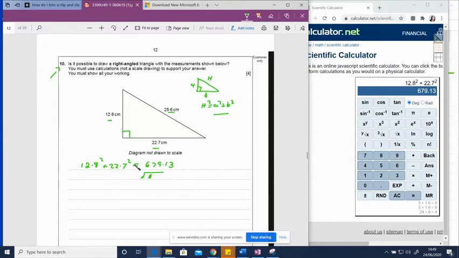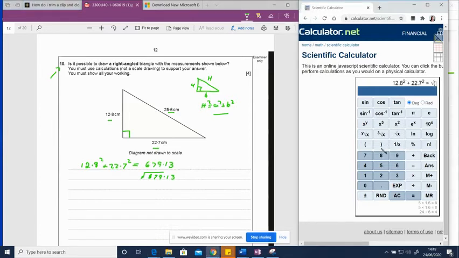So the square root of 679.13, and again, using our calculator, use the square root button. Sorry, I'll just clear it.